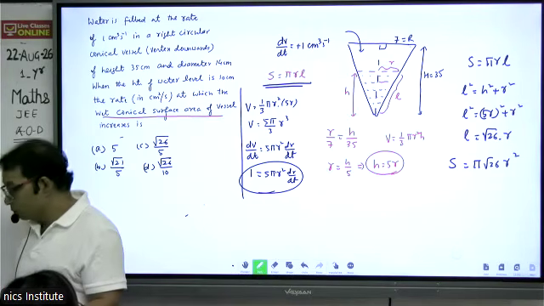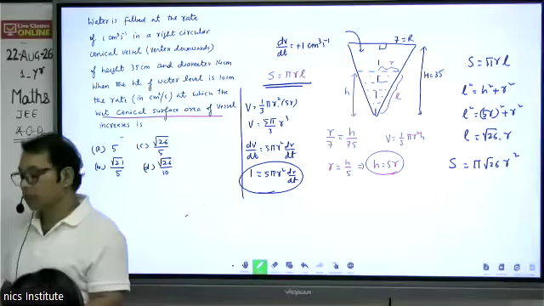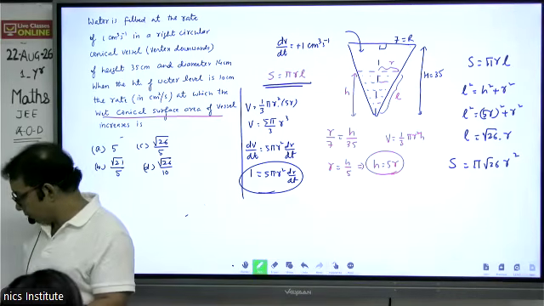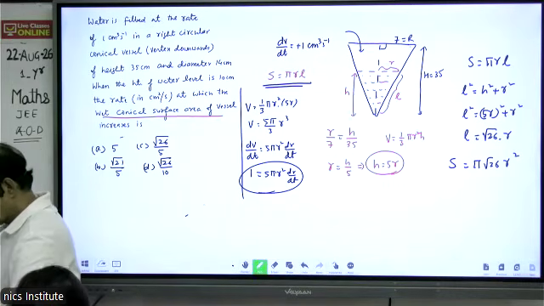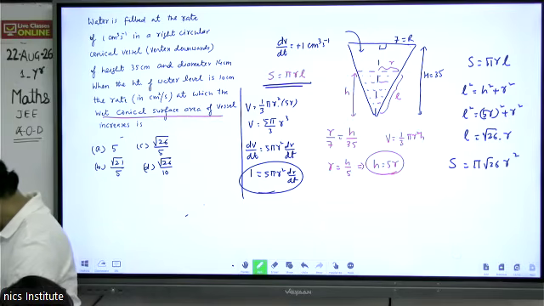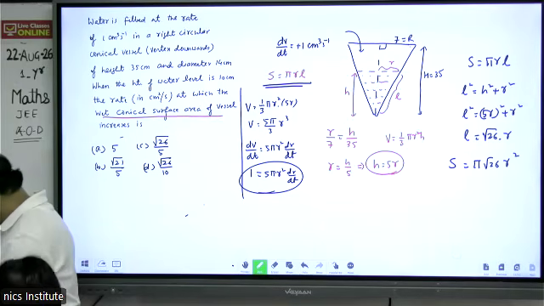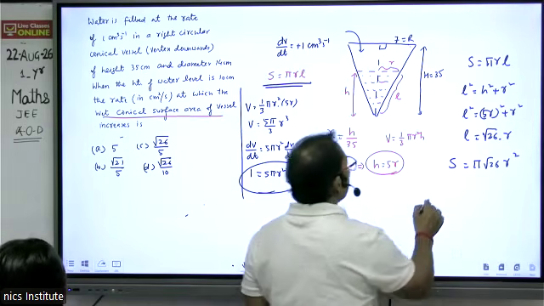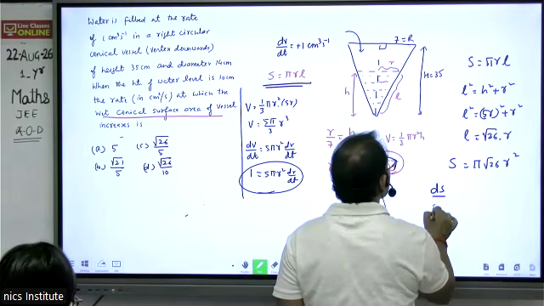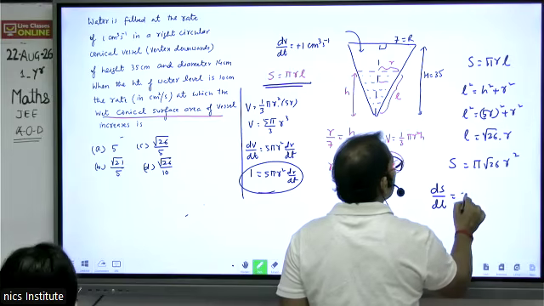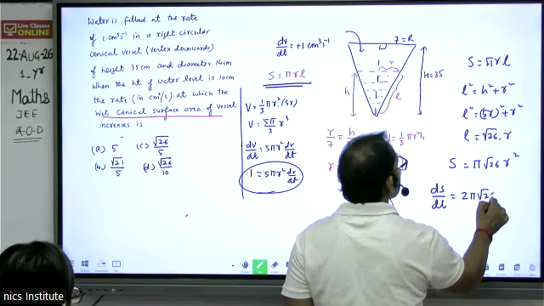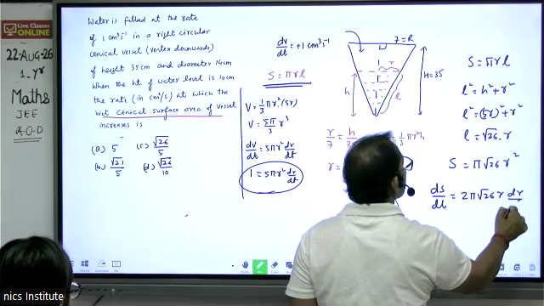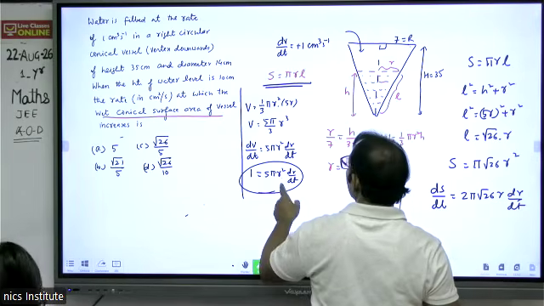Sir, is the answer C option? Let me check. C option. So 2 root 26 by 5. So from here, dS by dt is 2 pi root 26 r dr by dt. Dr by dt we already have with us.